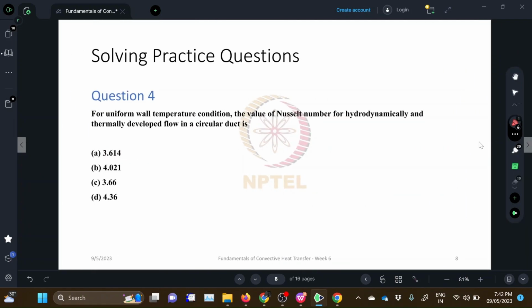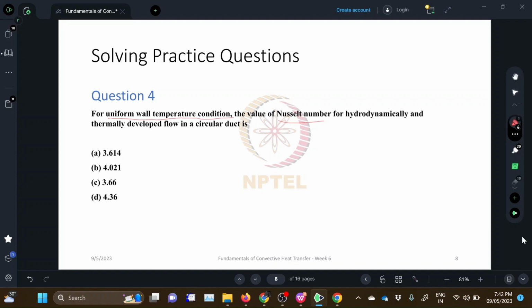We move on to question number 4 of today's session, which is asking us that for uniform wall temperature condition, what is the value of Nusselt number for hydrodynamically and thermally developed flow in a circular duct? Previously we saw for uniform surface heat flux condition what the Nusselt number was. Now we have to find it for an isothermal wall, for uniform wall temperature condition.